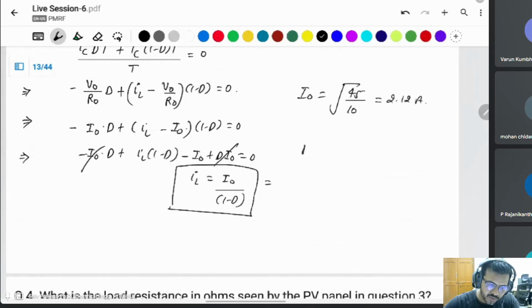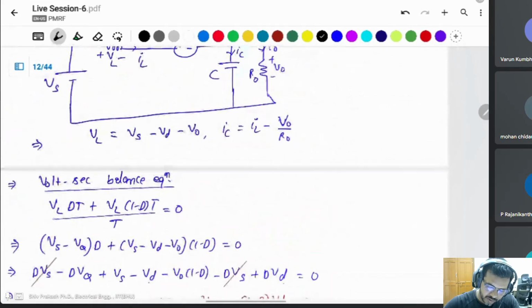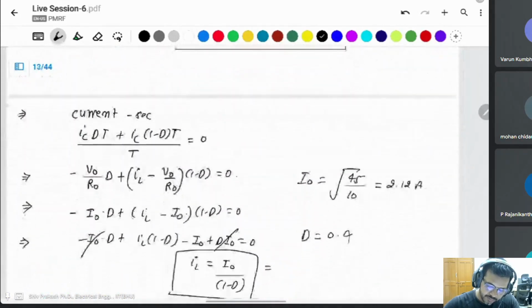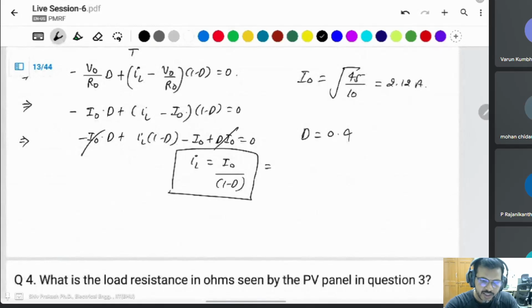And the duty cycle is also mentioned, 0.4 in the question. Then what is the IL? So 2.12 divided by 1 minus D, which is 0.6. Then IL will be 3.535 amperes.